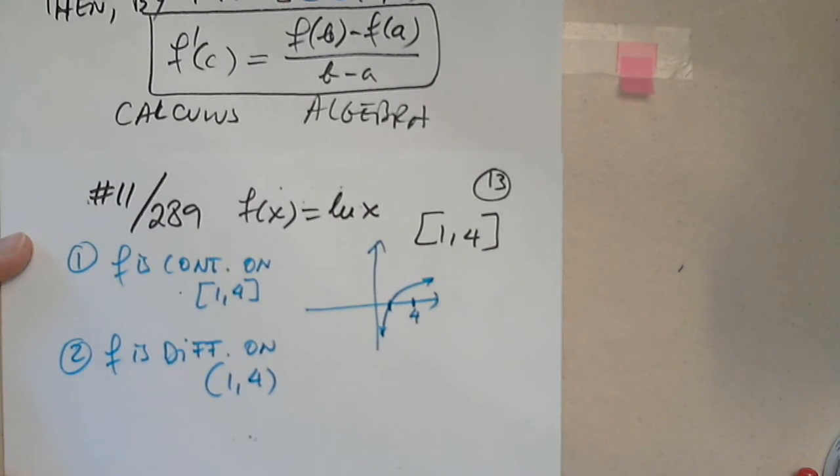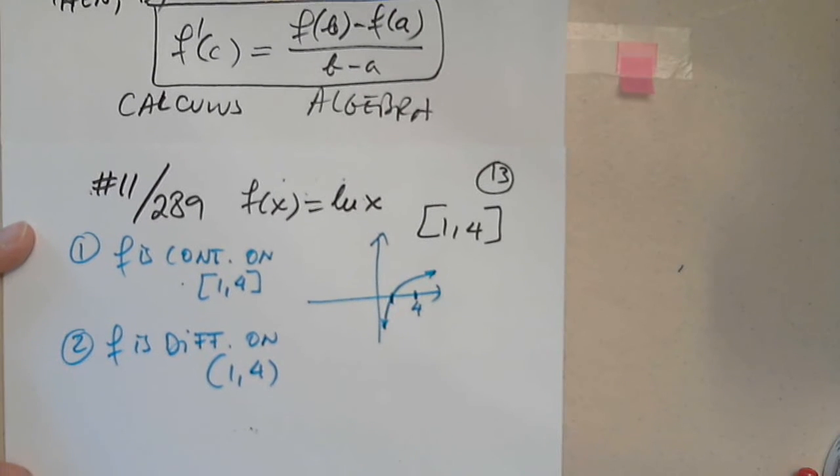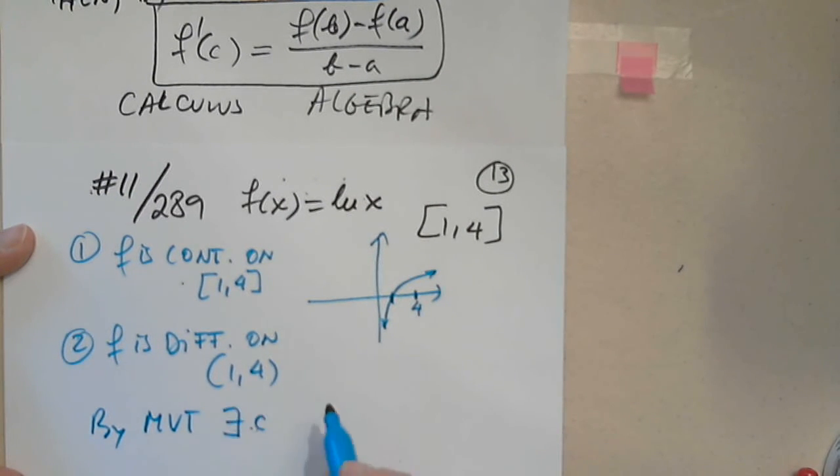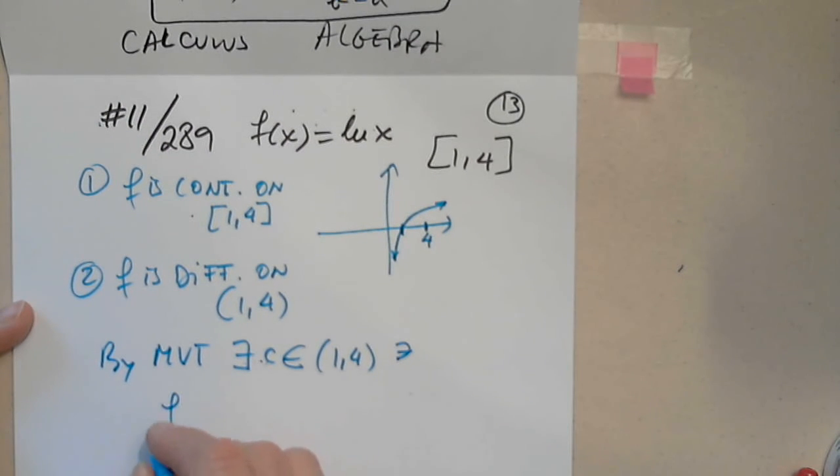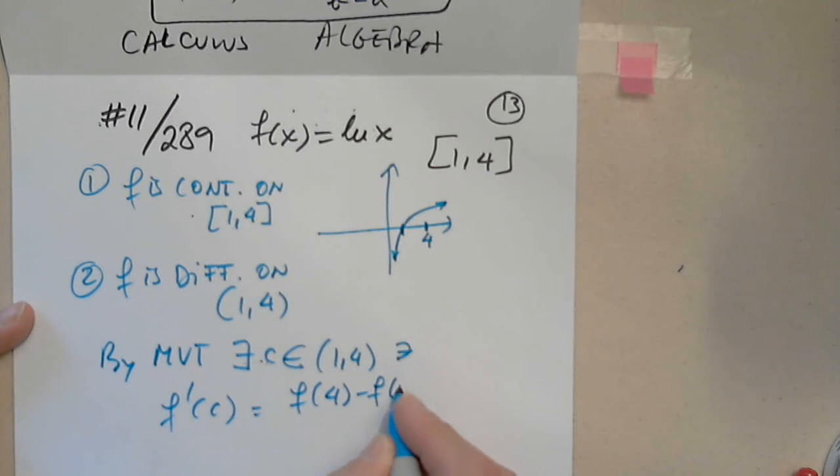So now I have to determine, it's guaranteed that there is a C, so by MVT there exists C, at least one, in the open interval 1, 4, such that, and remember, f prime of C equals f of 4 minus f of 1 over 4 minus 1.